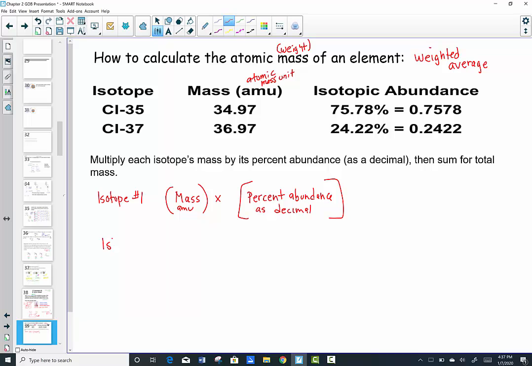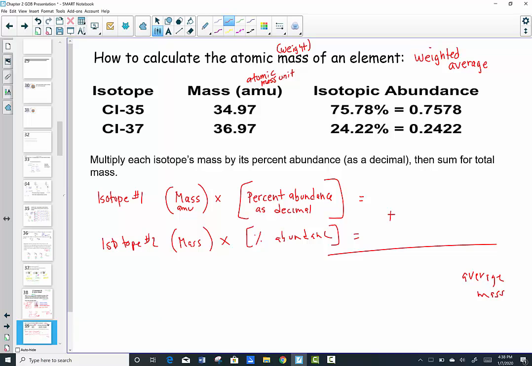You'll do that for isotope number 2, or however many isotopes there are. You'll take its mass, measured in AMUs, and you'll multiply it by its percent abundance as a decimal. And then no matter how many you have, you're going to add those. We'll add those together and get the average mass.